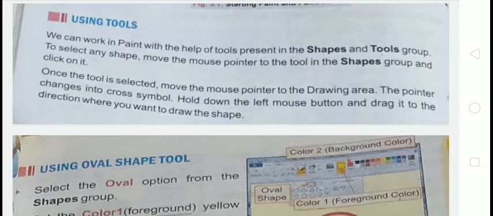Once the tool is selected, move the mouse pointer to the drawing area. The pointer changes into cross symbol. Hold down the left mouse button and drag it to the direction where you want to draw the shape. So this way you can use tools in MS Paint.